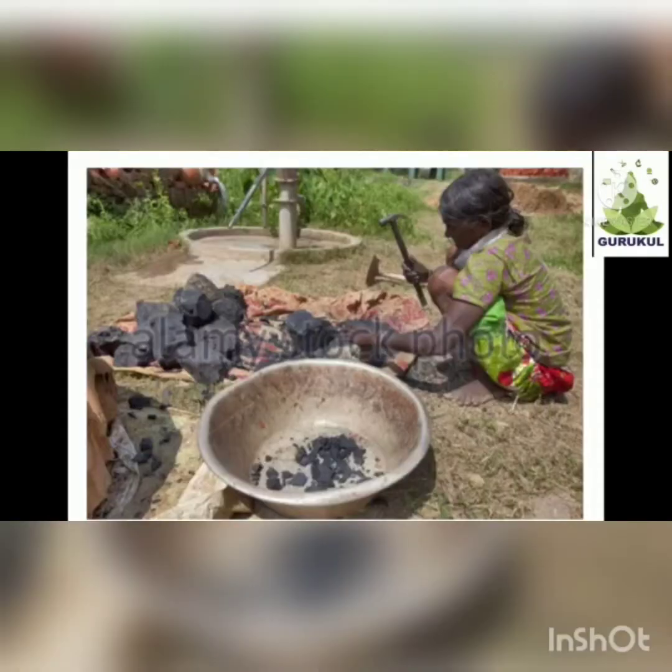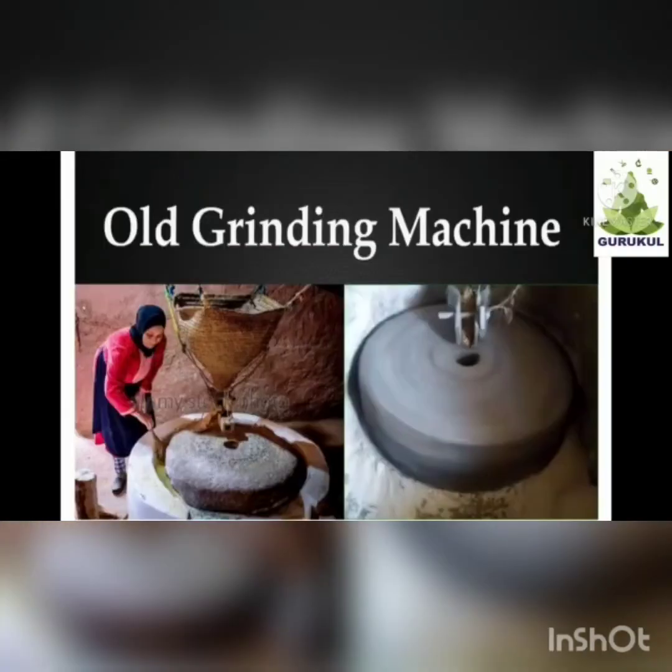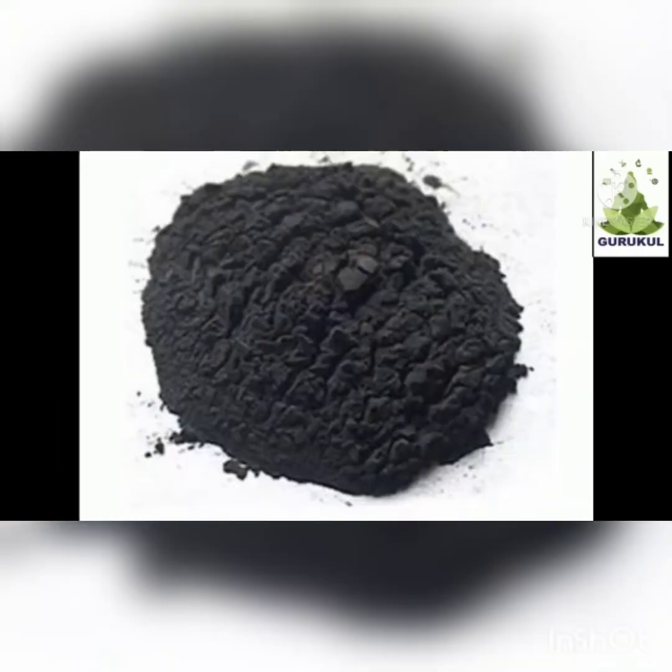When you pound the coal or the sugar, it turns into a powder. That is, it turns into its small particles. Powder means we are getting the small particles of that candy sugar or coal.